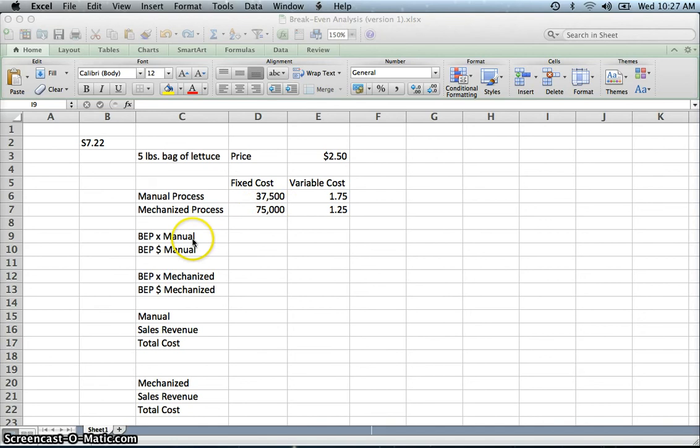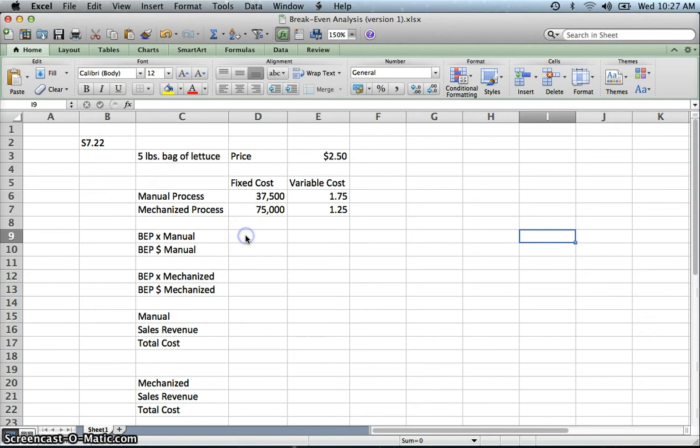So they've asked us to calculate the break-even point for the manual process, as well as the break-even point in dollars for the manual process, and the mechanized method as well, the break-even point in quantity and the break-even point in dollars. So to do this for the manual, let's start with the break-even point, the quantity.